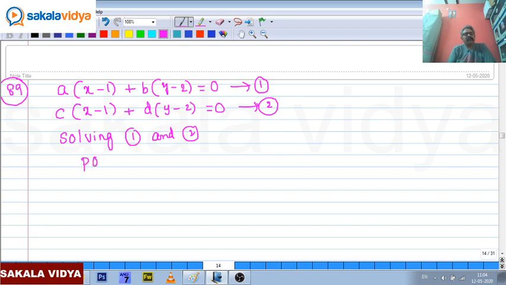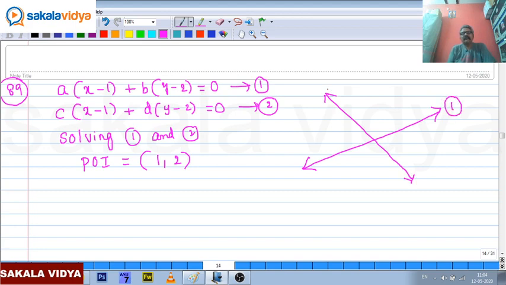So the point of intersection is 1 comma 2. That means these two lines are intersecting lines. This is the first line, this is the second line. The point of intersection is, say, P, which is 1 comma 2.